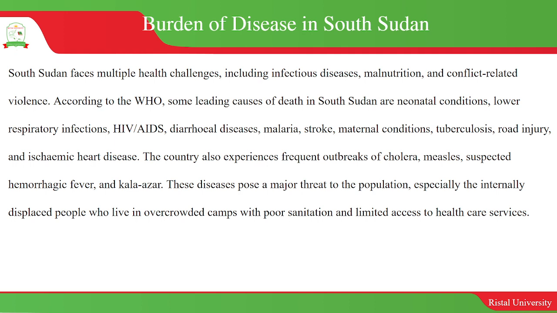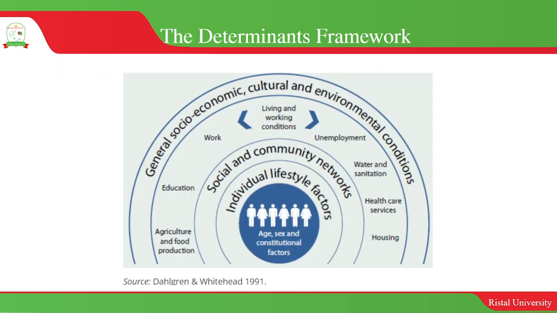The neglected tropical diseases such as Kala-azar. So we still have a lot of problems. But on top of these direct health problems, we still have problems to do with conflicts, people living in camps, people not having good access to proper sanitation and access to healthcare services.